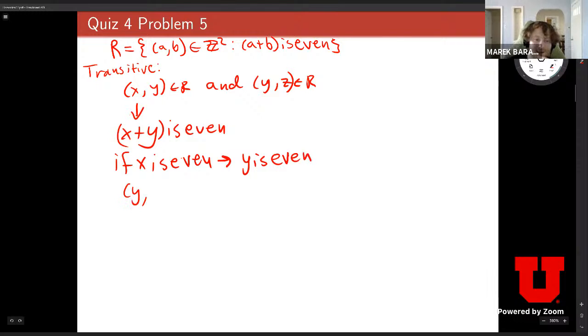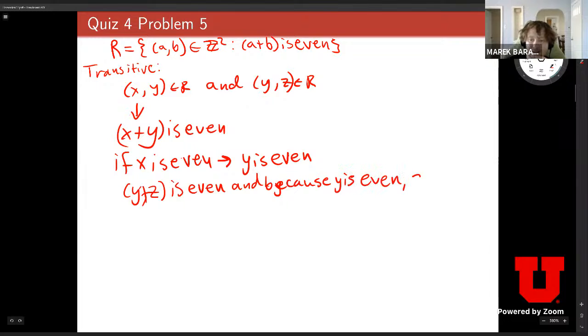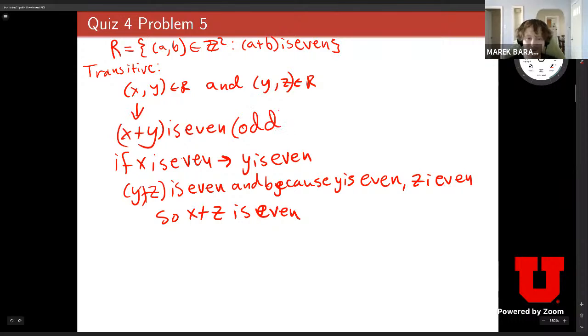And y plus z is even. And because y is even, z is even. So x plus z is even. And you can do this same argument with odd, right here.